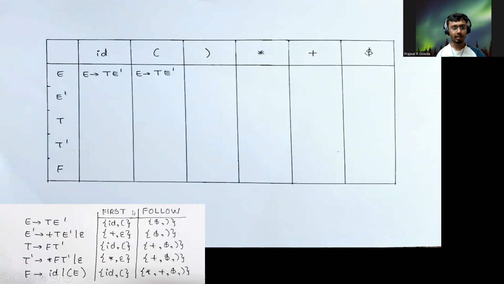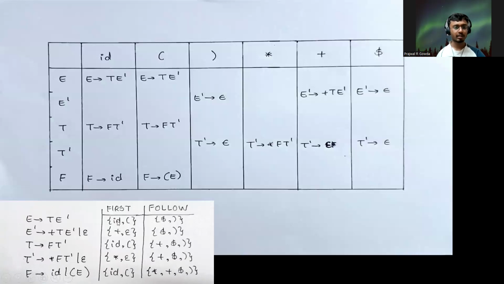The next production we are going to consider is E dash tends to plus T E dash, and the next production is E dash tends to epsilon.